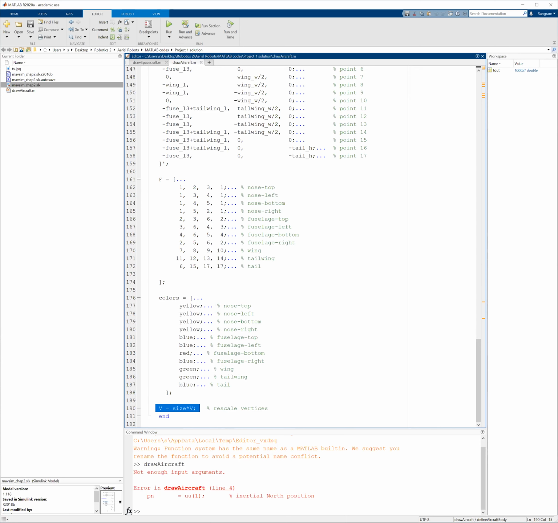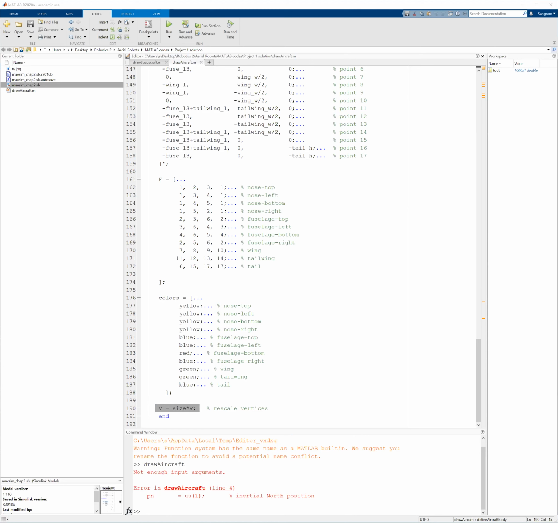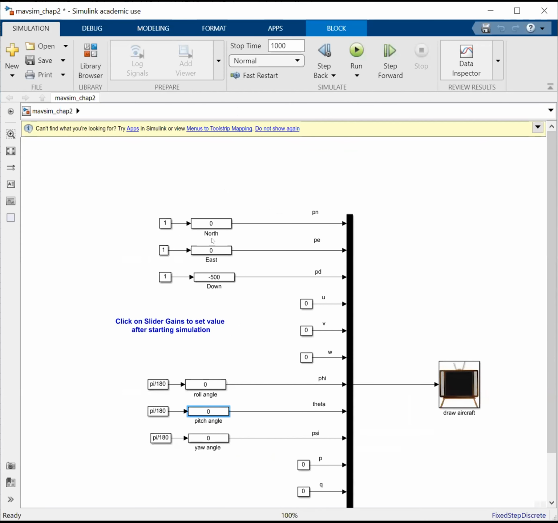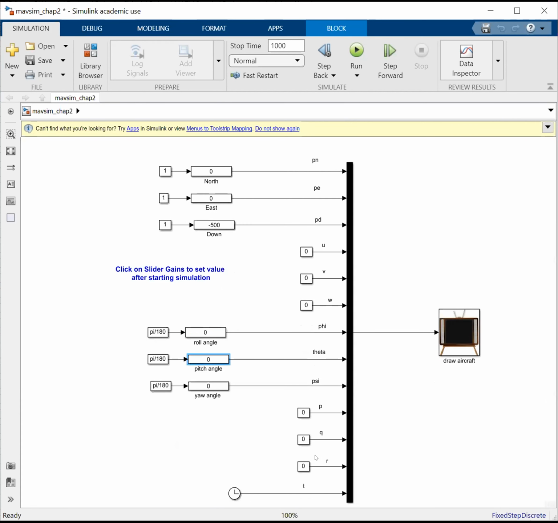If you look at that Simulink model, the Simulink model is going to look like this. It will have U, the PN, PE, PD, UVW, roll angle, pitch angle, yaw angle, and then PQR, and finally it will have a time variable attached to the clock.